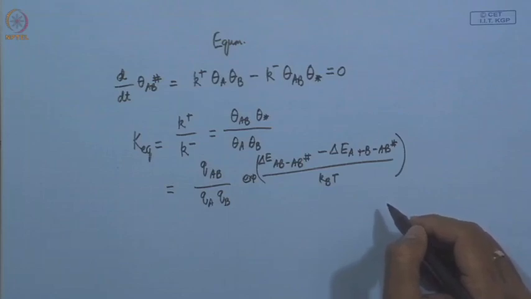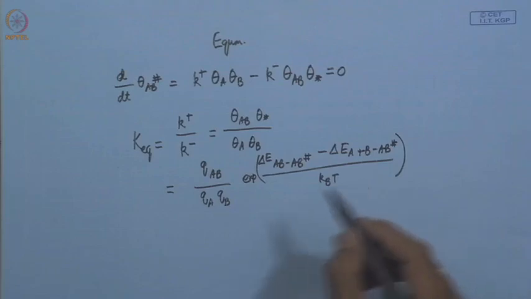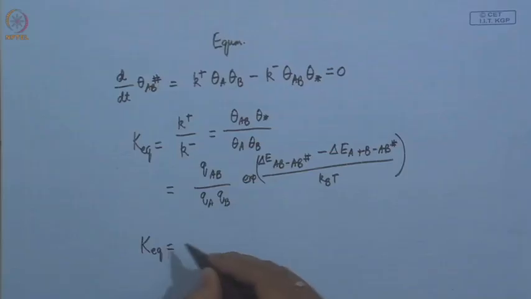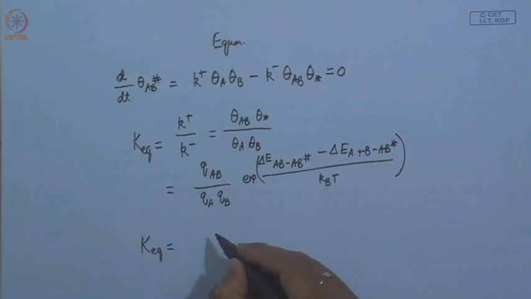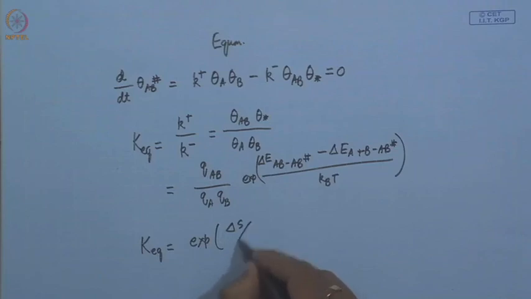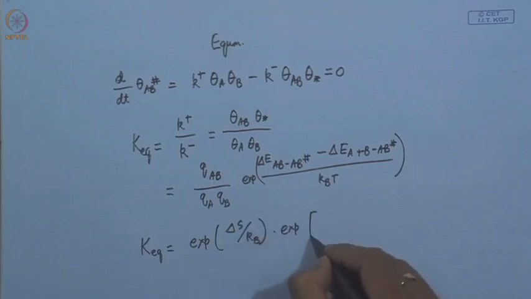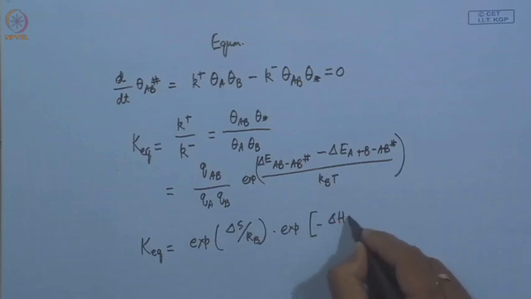To do that, from already studied expressions, K equilibrium can be written as exponential to the power delta S divided by KB, into exponential to the power minus delta H divided by KBT.